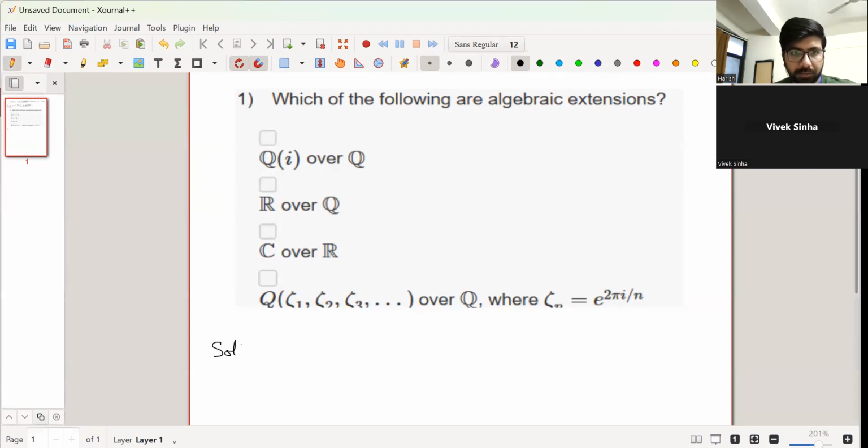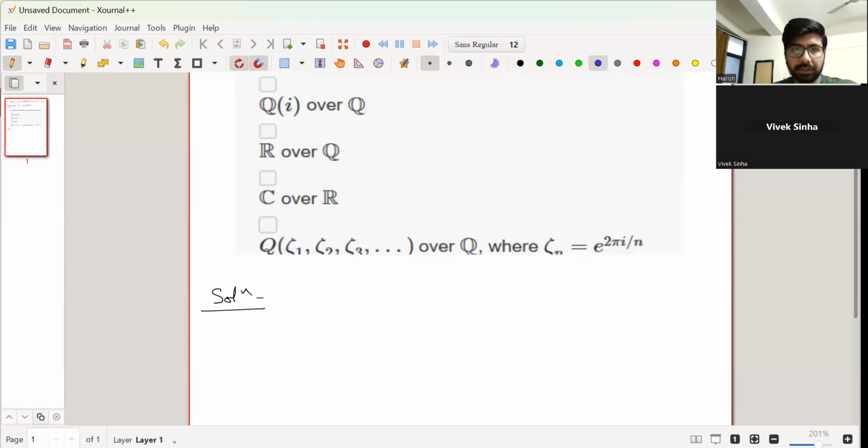Solution 1. In the case of Q(i), you know that Q(i) over Q is an extension of degree 2, right?